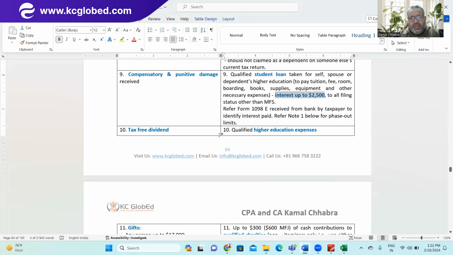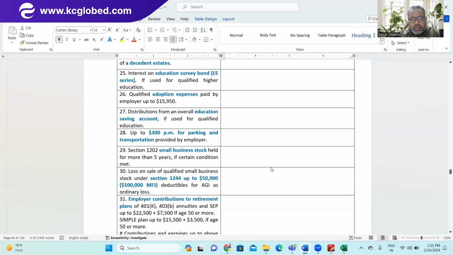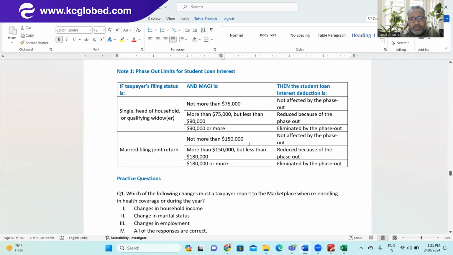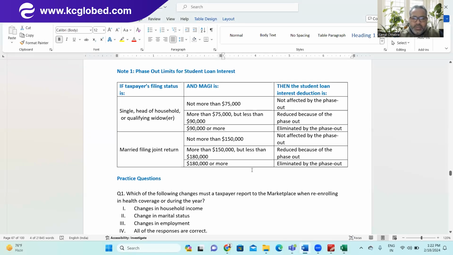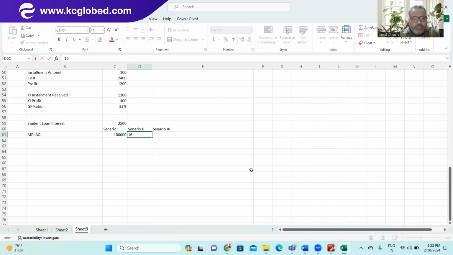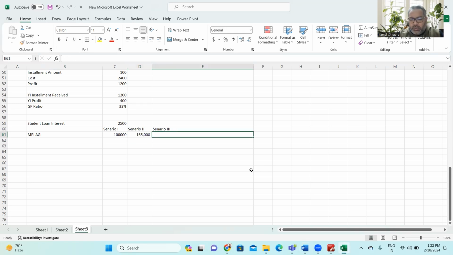For married filing jointly, in the phase out limit, the range is $150,000 to $180,000, and $180,000 and above. So let's assume in the scenarios you have total income of $100,000, $165,000, and $200,000, right? Is everyone so far with me? So how much of the student loan interest is eligible for deduction?